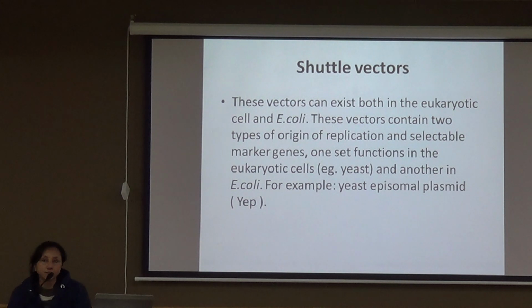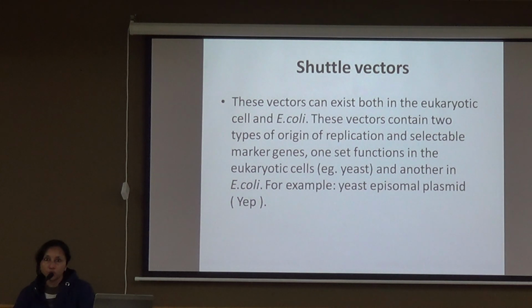What are shuttle vectors? There are sometimes requirements of cloning and expressing a particular gene in prokaryotes as well as eukaryotes. But as we discussed earlier, we have vectors and hosts which can lead to propagation, amplification or expression of proteins only in prokaryotes or in eukaryotes.